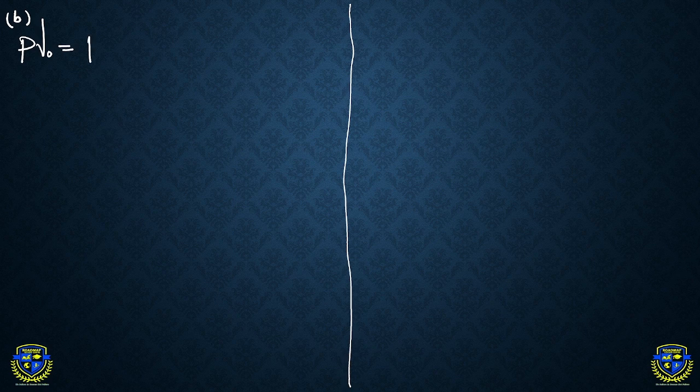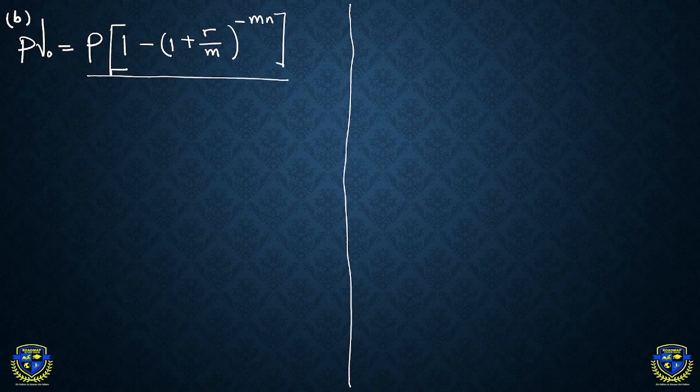So we're going to have something that looks like this, where the present value is equal to the equal payment, then 1 minus open bracket 1 plus R divided by M, to the power negative Mn, then divide by R divided by M. After we write our formula, we can now substitute.